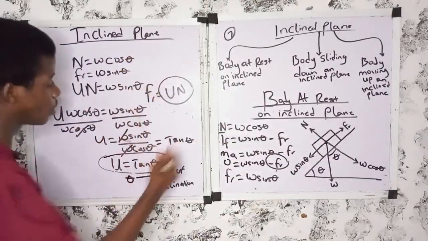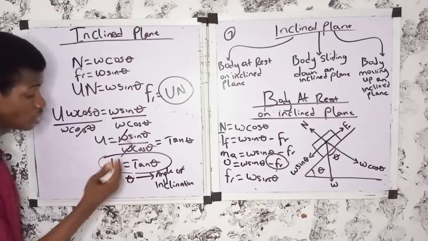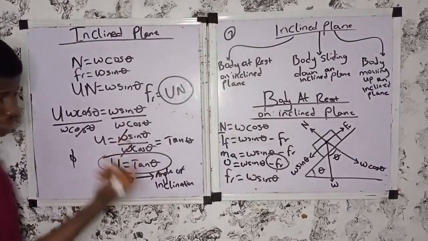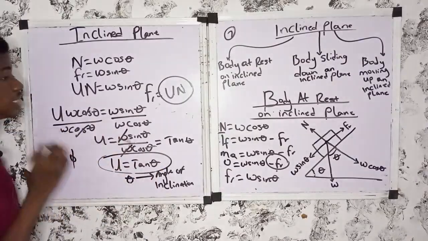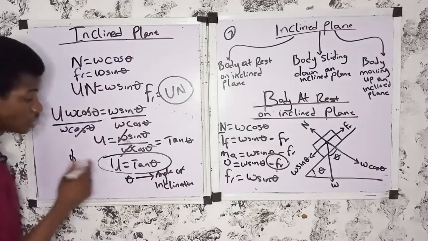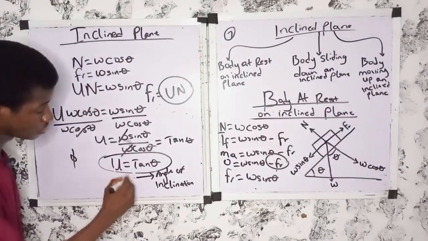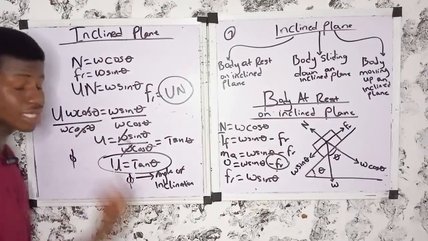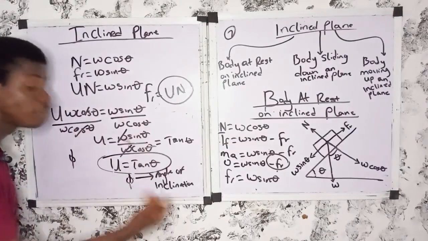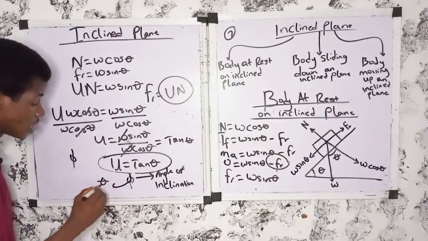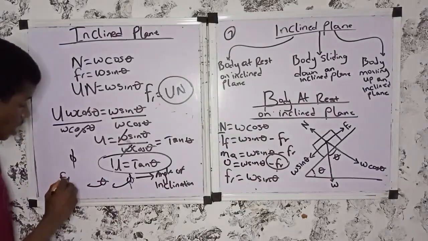I don't know if you understand. At the point of sliding down, this angle, which is known as the angle of inclination, is not called the friction angle.